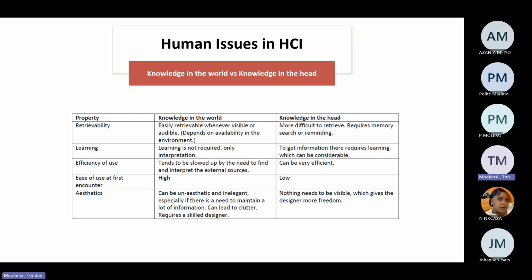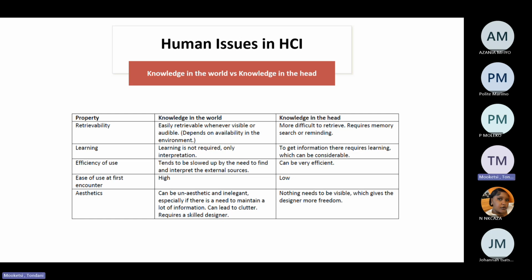So we need to differentiate between these two in terms of their properties: retrievability, learning, efficiency of use, ease of use at first encounter, and also aesthetics.